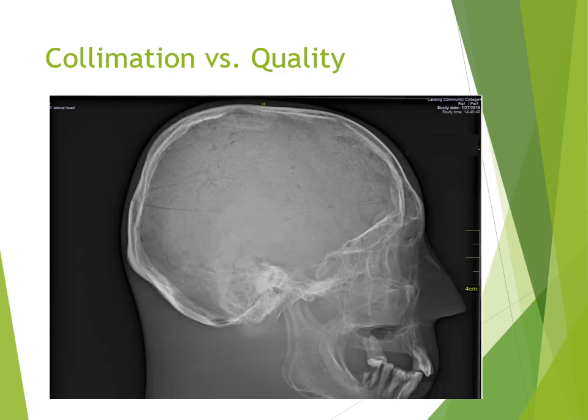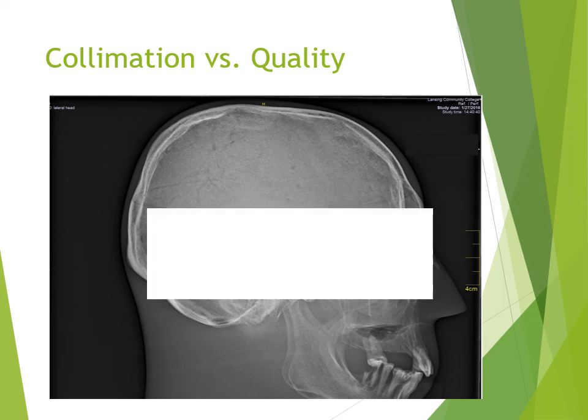There is a professional and ethical question also to be considered with a poorly collimated lateral skull. The image is not properly corrected by the computer because the number of black pixels is way off because of poor collimation.